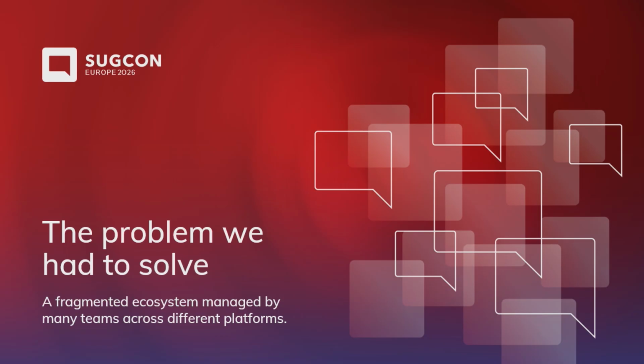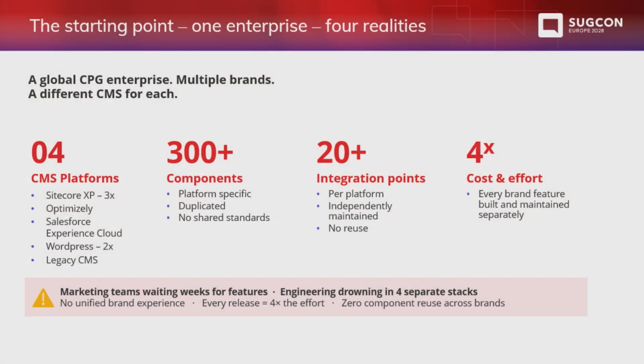So let's look at the problems we had to solve, with more details around the challenges in front of us. As I mentioned, they had 4 CMS platforms. In Sitecore, they had Sitecore XP, 3 separate instances. So they were paying the cost for hosting and developing, and the development teams were also different. There was no reusability of site code.